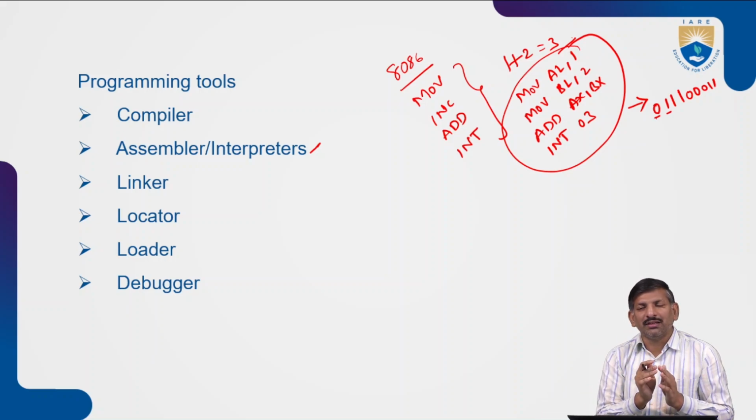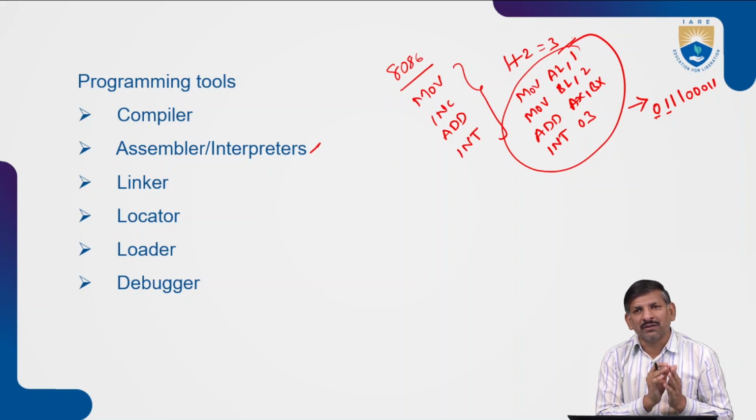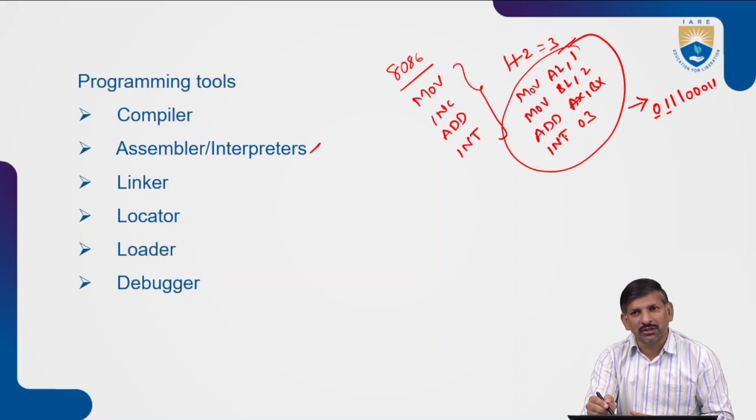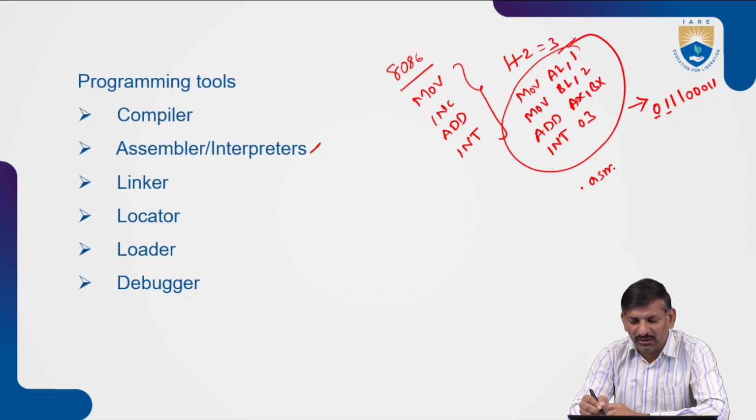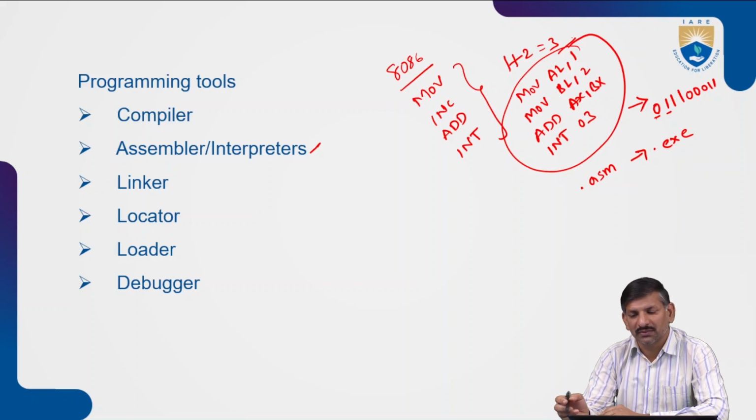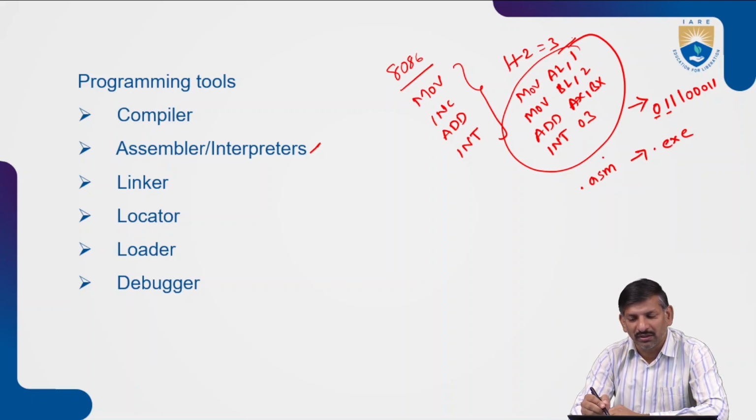So the assembler is a software tool which converts assembly language into machine understandable language, from the .ASM file to the .exe file. This program is saved as filename.asm. ASM is the assembler file, which is converted into the machine understandable .exe file.